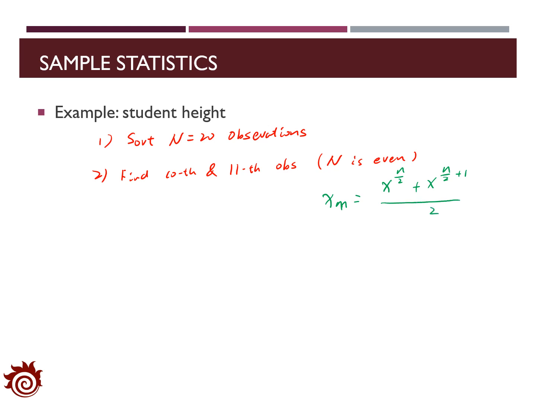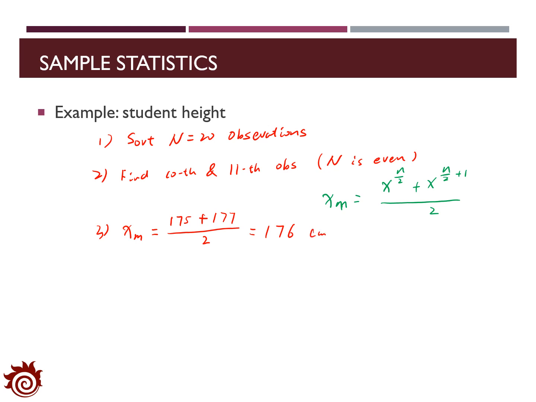And based on the sorted student height for the whole class, we can get the median as 175 for the 10th student and 177 for the 11th, which will give you the value for the median as 176 centimeter.